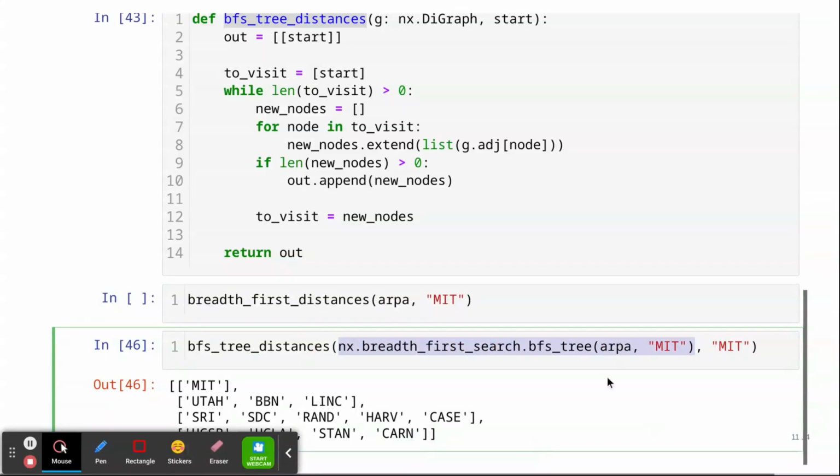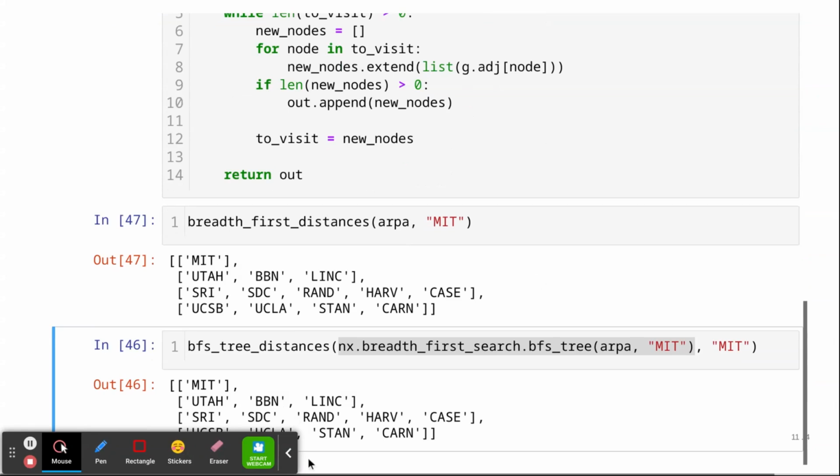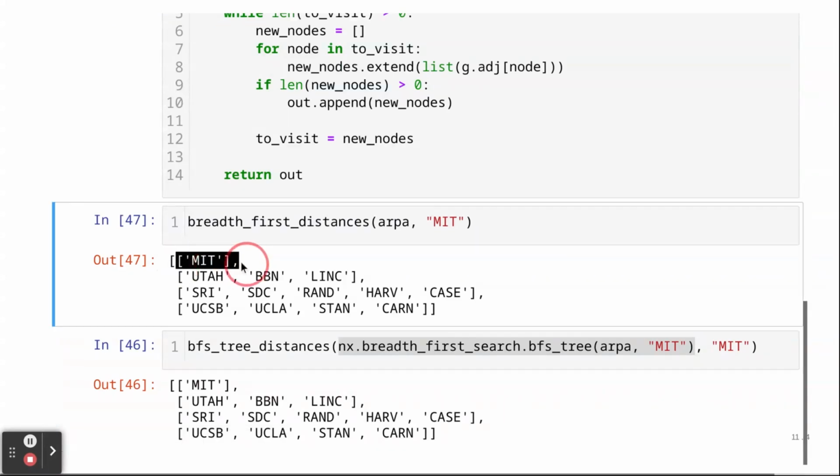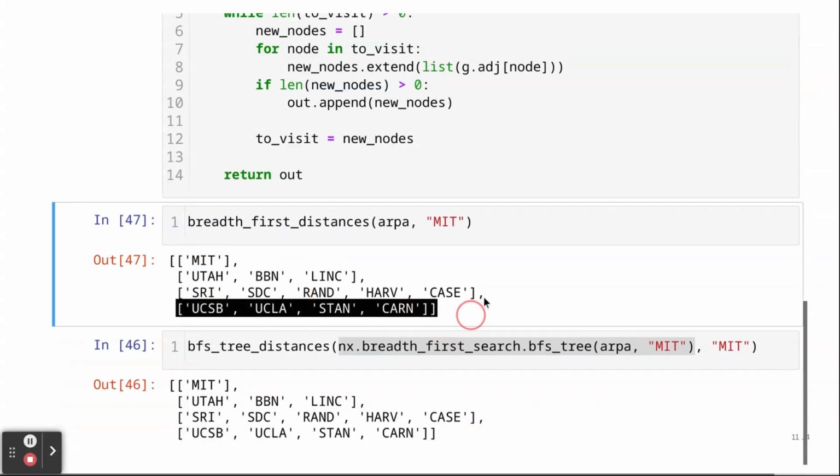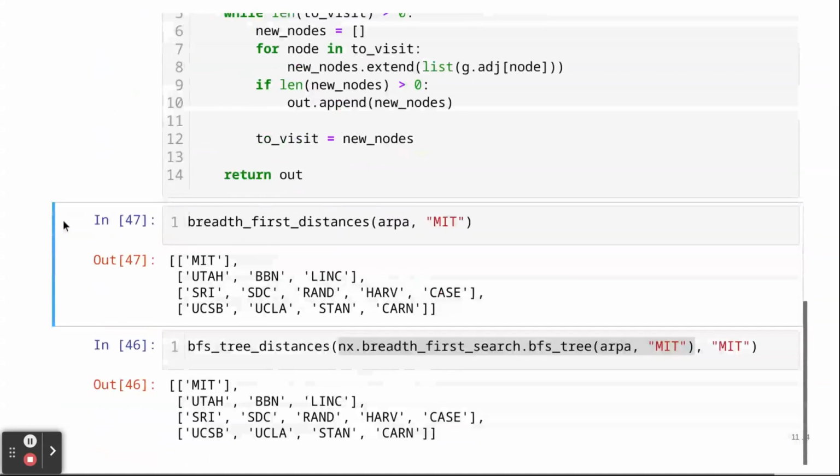We need to get that directed graph where NetworkX gives us that directed graph starting at MIT and traversing down. And in this case, we just start directly with the ARPA example. So when we run both of these routines, we get back the same set of nodes at each level. So now we've completed the exercise.